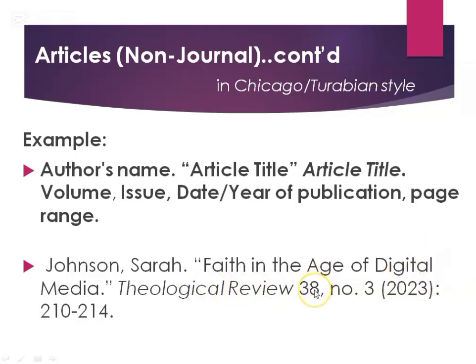Then the volume 38 and number 3. Then the year of publication, 2003, inserted with a colon, and the last thing here is the page range. That is, the article lasted till 214, page 210 to 214.